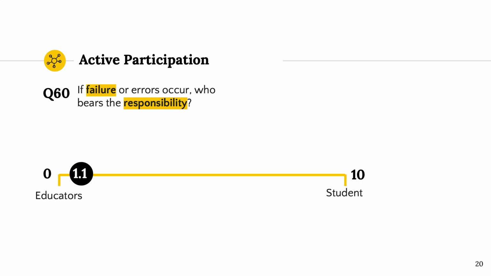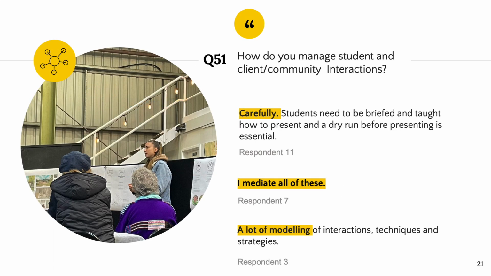However, when asked who bears responsibility, the respondents suggest educators do. This aligns with the response to the question, how do you manage student and client communication interaction? Here, the results suggested that many educators still prefer to maintain a degree of client control.